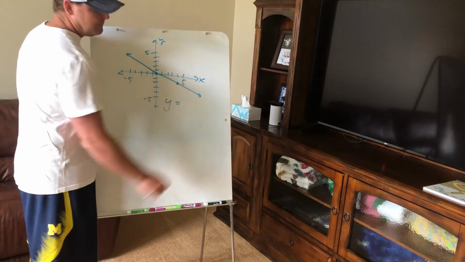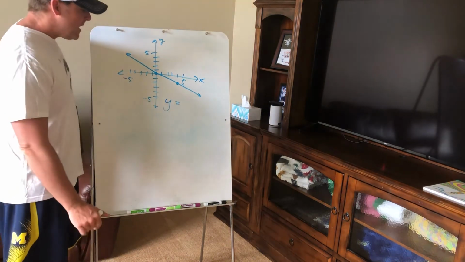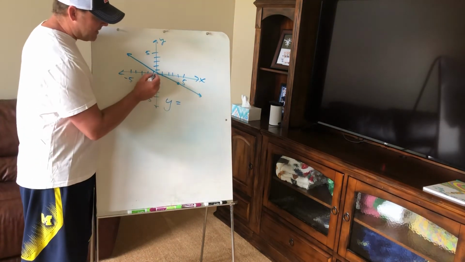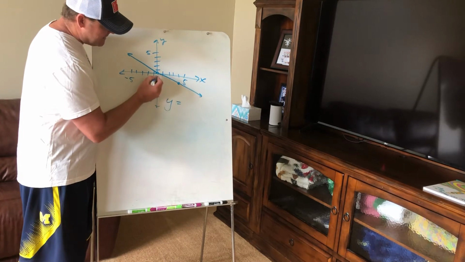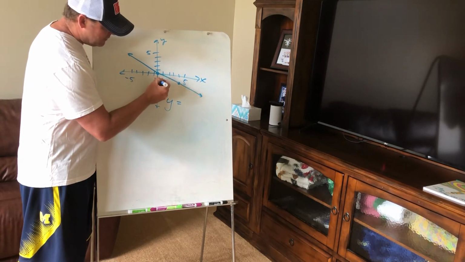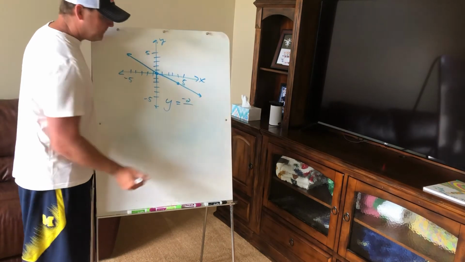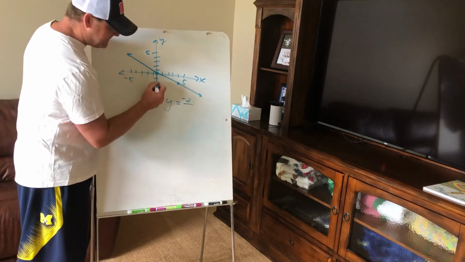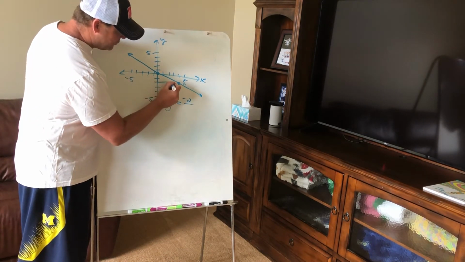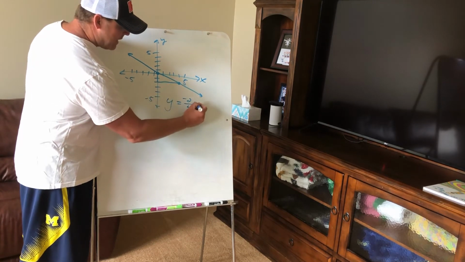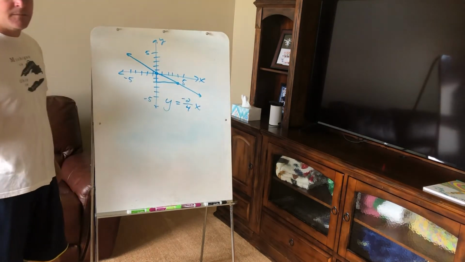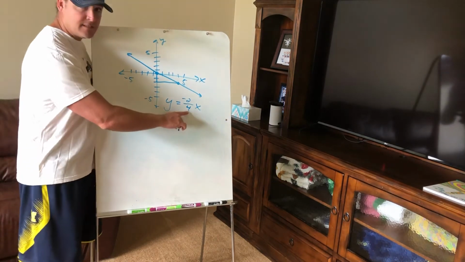So we're not going to put the 0 out there. Now to find the slope, I start at the y-intercept, and I ended up going down 2. Because I went down, that's a negative. And then I went to the right, 1, 2, 3, 4. Now because I went to the right, my answer is going to be positive. So that's why I put a positive 4 there.